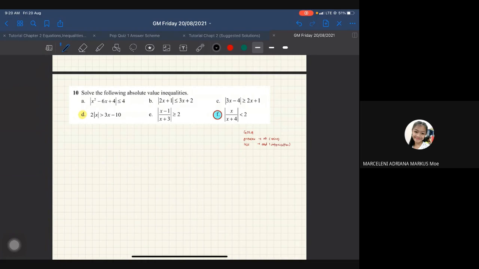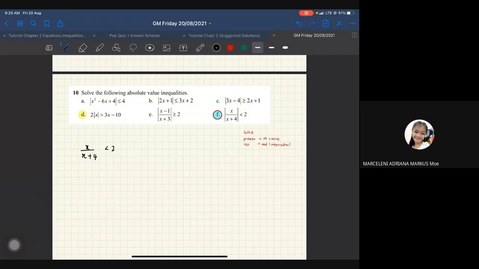Okay, so bila awak buka dia, satu akan jadi x over x plus 4 less than 2. Okay, so awak salin sahaja dia punya inequality sign dan juga nombor yang dekat sebelah kanan tu. Okay, and then kita punya second expression is x over x plus 4.